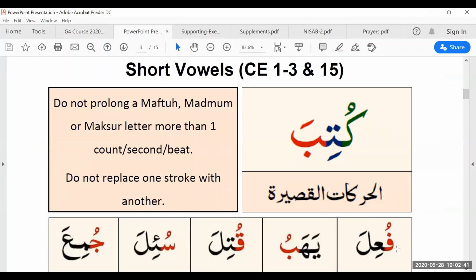So sometimes, if we are reading very quickly, we tend to switch the strokes. So instead of fu'ila, one might say fu'ili or fu'ala. So we should be careful of that. And again, fatha, kasra, and dhamma, these strokes, they should not be prolonged for more than 1 second, count, or beat. So kutiba.